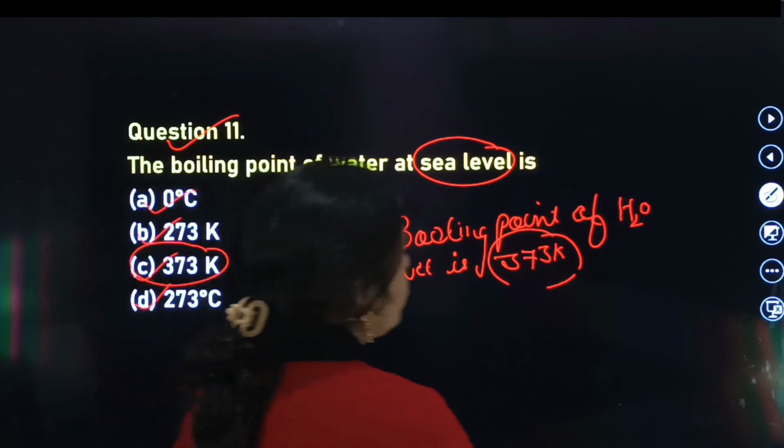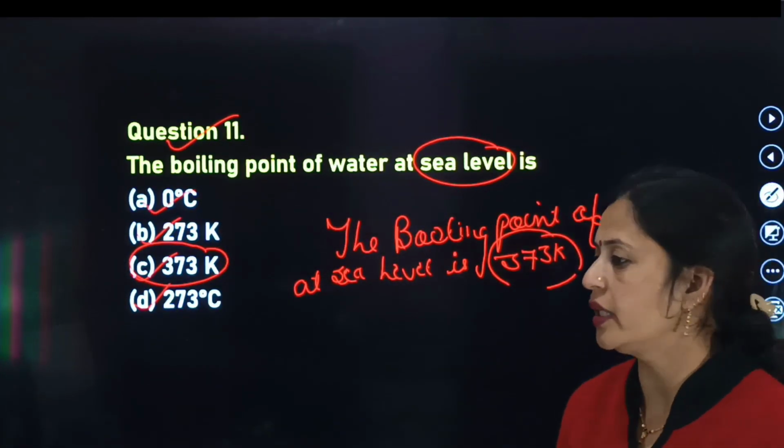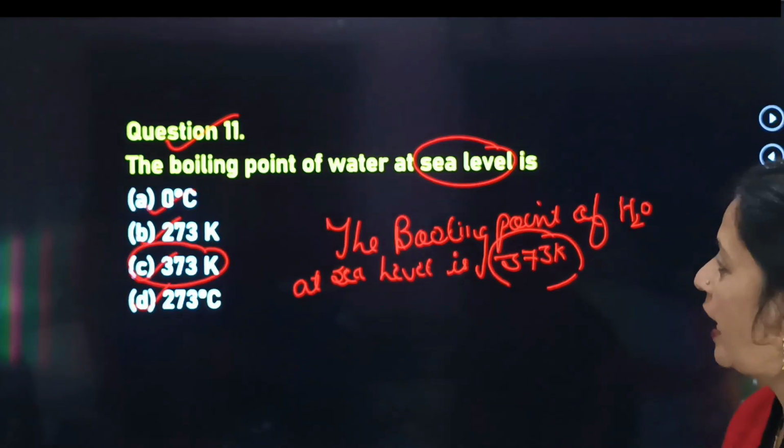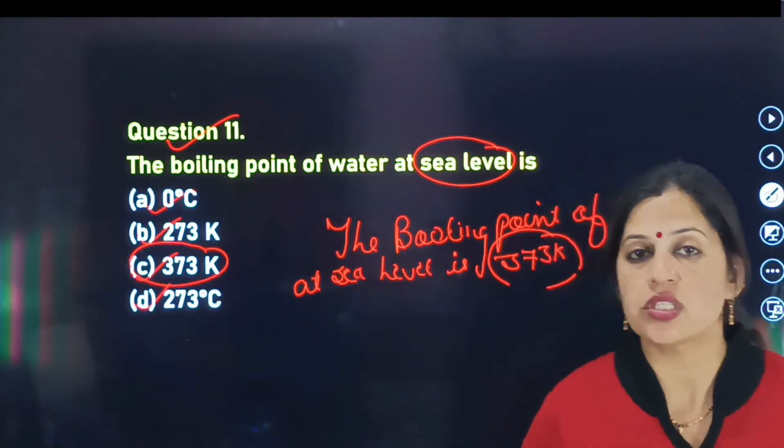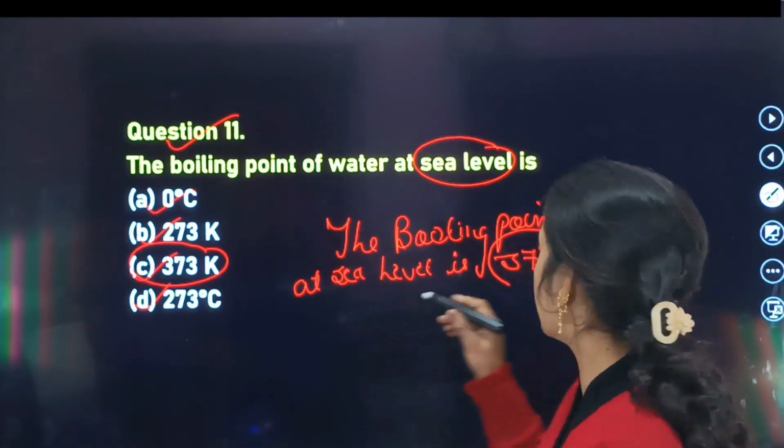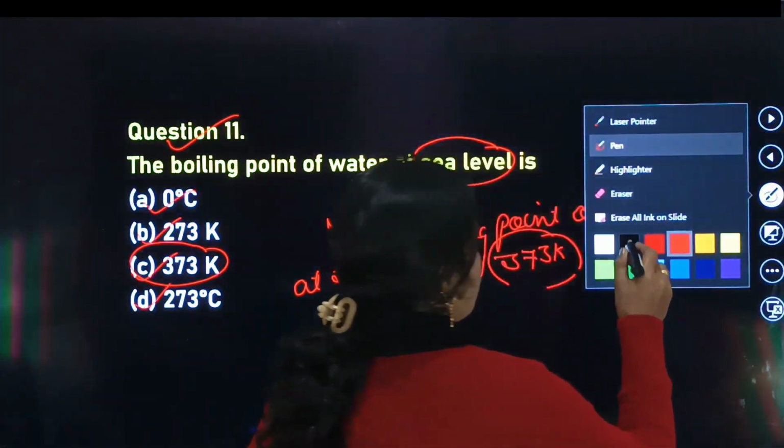So this is the boiling point of water at sea level, and the boiling point of water at sea level is 373 Kelvin. So this is the right answer for the question number 11.